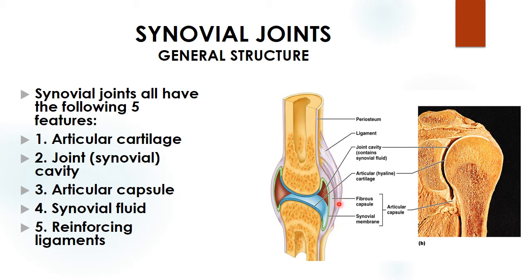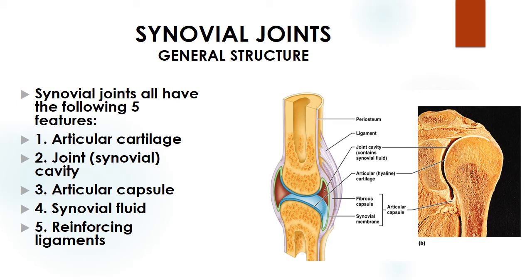On the other hand, some ligaments are intracapsular, and they penetrate the capsule and pass through the articular cavity, the joint cavity itself. An example of an intracapsular ligament would include the anterior and posterior cruciate ligaments.